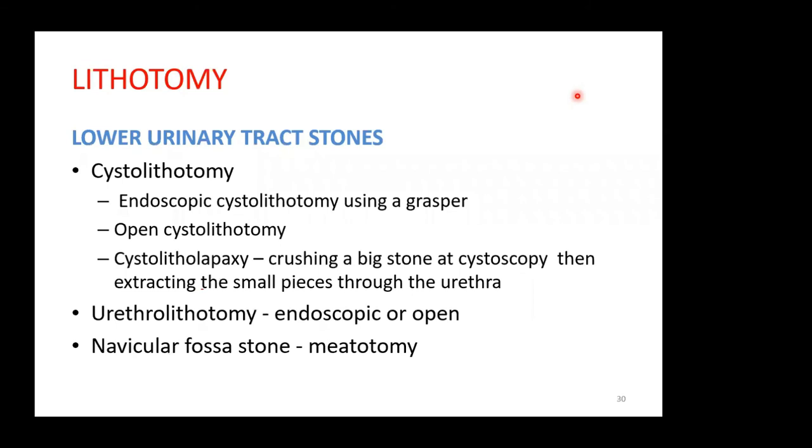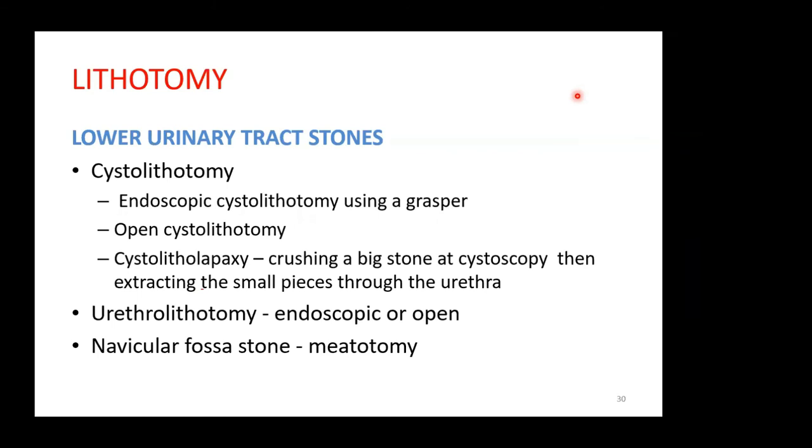Then in the lower urinary tract, we have cystolithotomy. Cysto is for the bladder, so you can do it either endoscopically using a grasper, you can do the open surgery, or you can crush the stone with a stone crusher in the bladder. And then you have also urethrolithotomy.